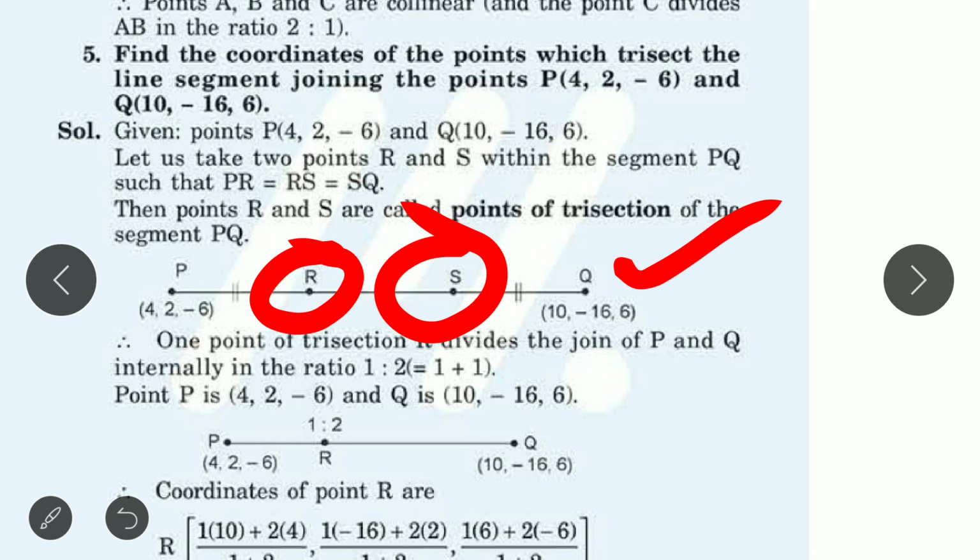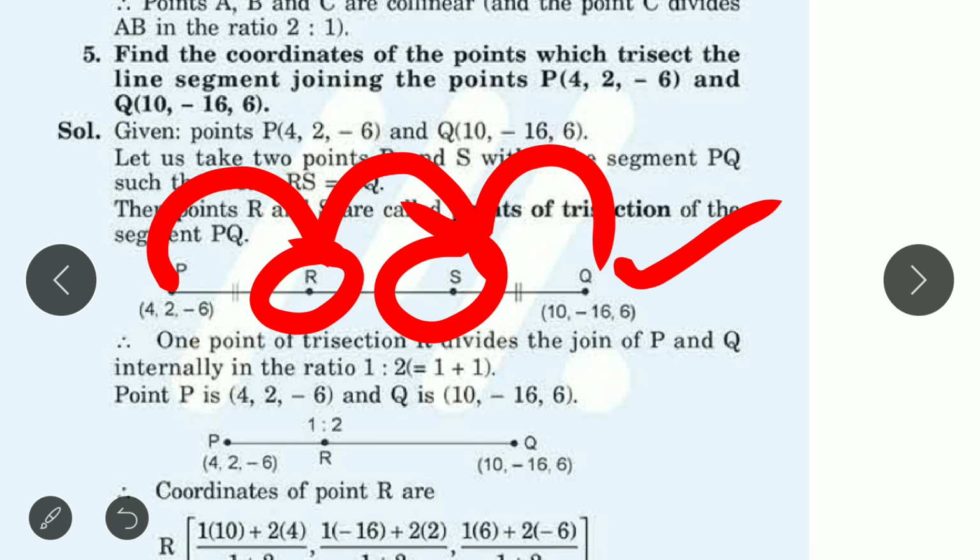When I say 3 equal parts, it means PR is to RS is to SQ, all will be equal, 1:1:1. That means 3 equal parts.